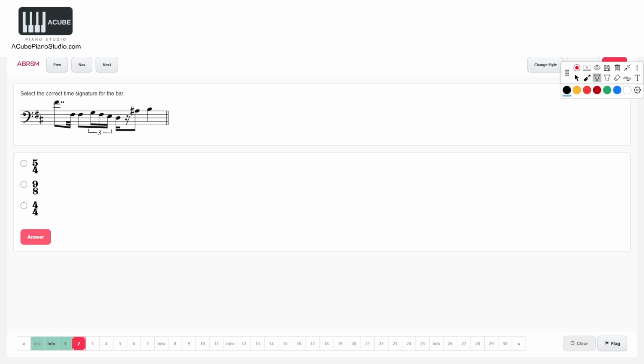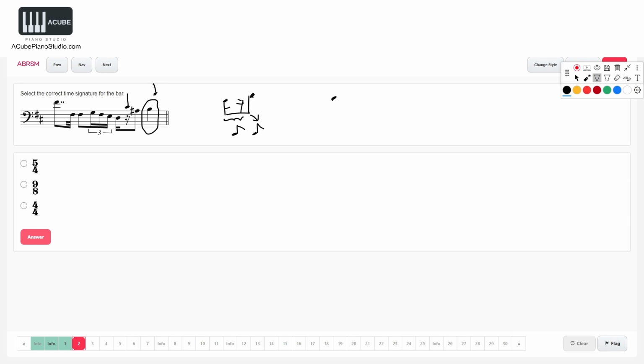So this is 1 crotchet beat, right? How about this? Well, this consists of 2 semiquavers, which makes a quaver, plus another quaver, which makes another quaver. So 2 quavers make a crotchet, so this is 1 crotchet beat again. Now let's take a look at this.